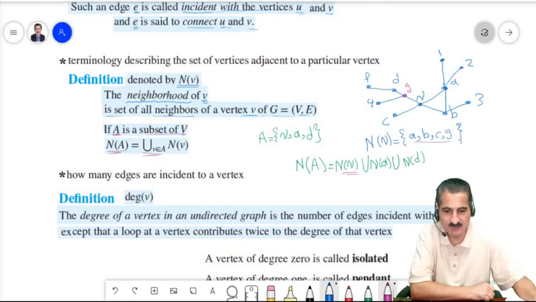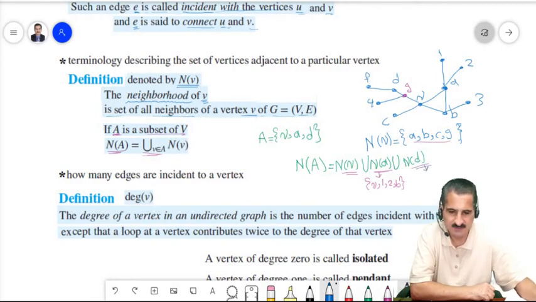And then the neighbors of A, what are they? The neighbors of A are V itself, 1, 2, and B. Did I miss anything? And what are the neighbors of D? They are G and F. Okay.